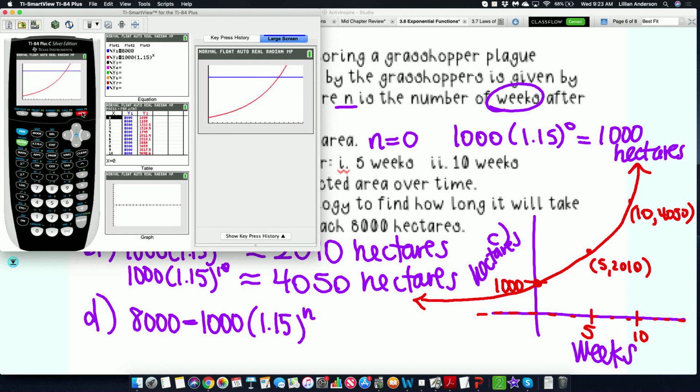What part of the intersection point, the x or the y? No, x. You're looking for x because we're looking for the number of weeks, or how long it took. So second trace, option 5, enter, enter, enter.